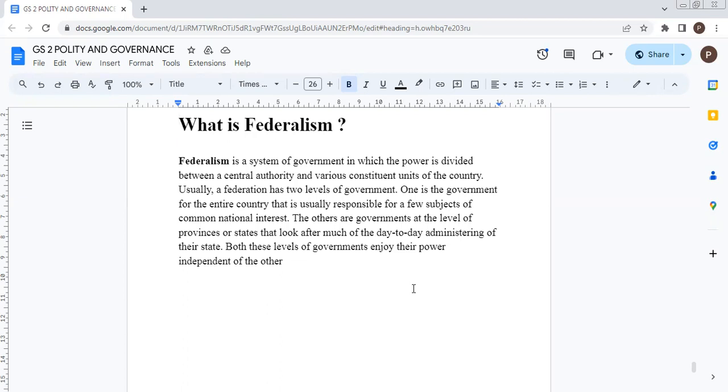Apart from that, in federal government, both types of government, that is the center and the state, are under the constitution, which simply means that they are under the will of the people. People are supreme. But in a unitary form of government, it may be different. For example, Japan is a unitary government, and there the constitution is supreme as in India.